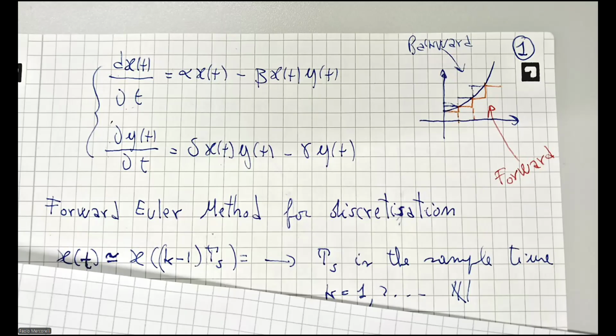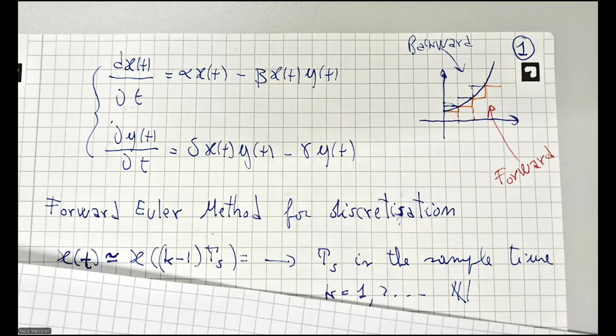And now we have tried to introduce numerical methods in the context of identification. One method we will see uses a discretization method to perform this identification procedure.